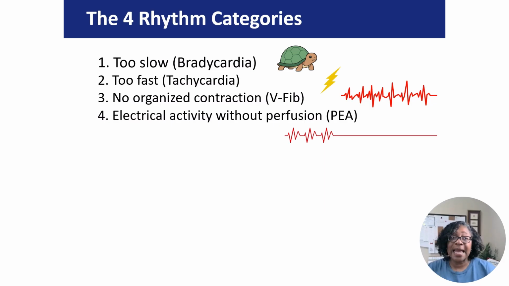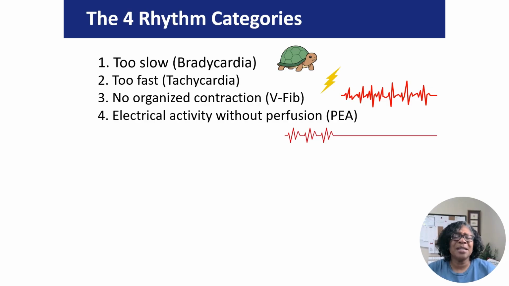Now, looking at rhythms, instead of memorizing 20 rhythms, just put them in four categories. Number one is the ones that are too slow, so that's bradycardia. Number two would be the ones that are too fast, tachycardia.